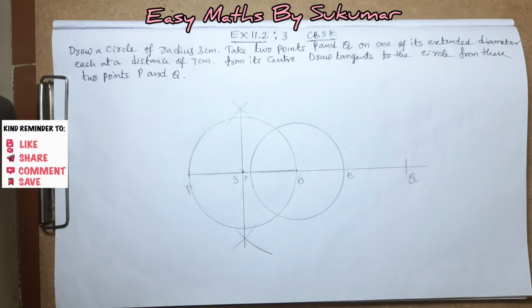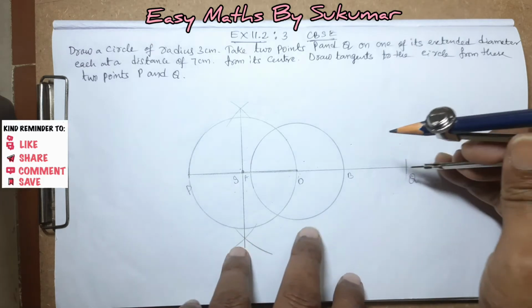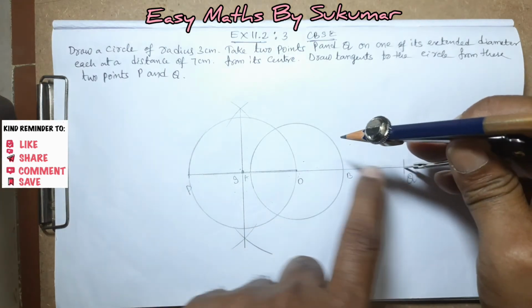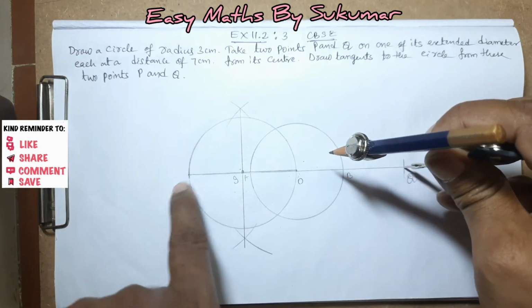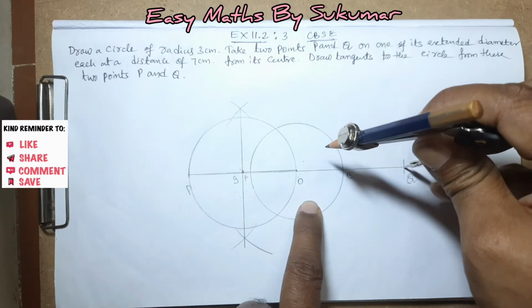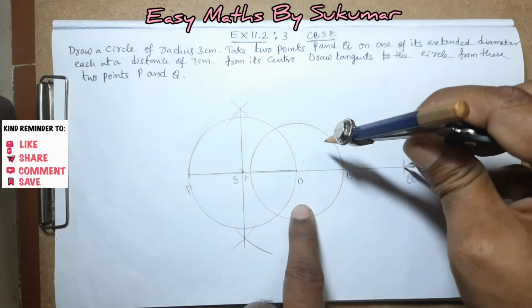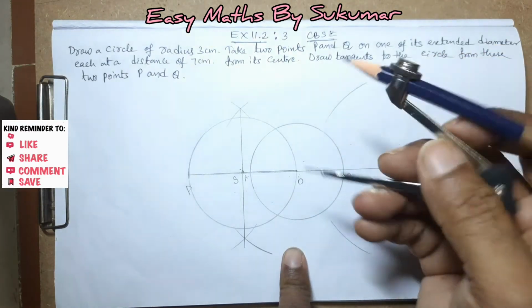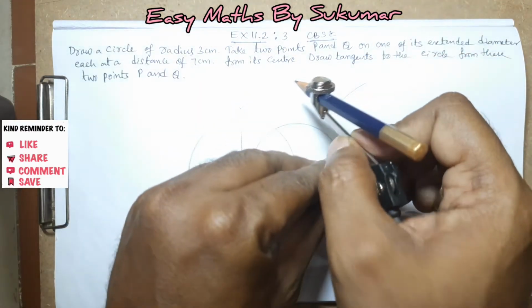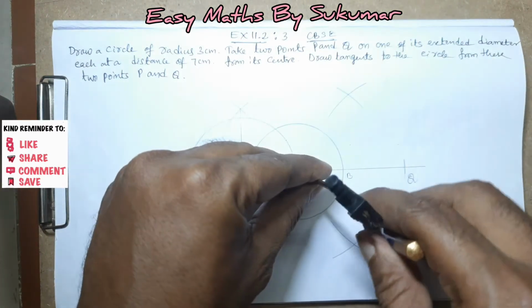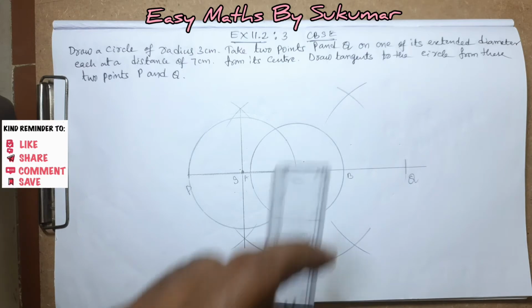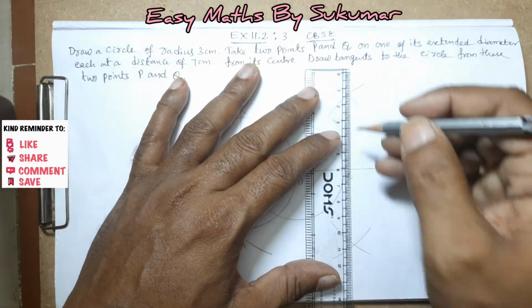The next step here is again to draw the perpendicular bisector of OQ. First we drew the perpendicular bisector of PO, now draw the perpendicular bisector of OQ. Take more than half the radius and draw arcs on either side. Again join these two intersecting arcs.